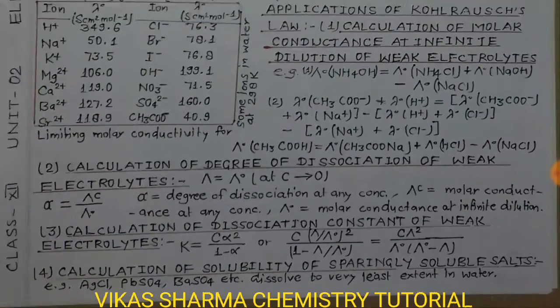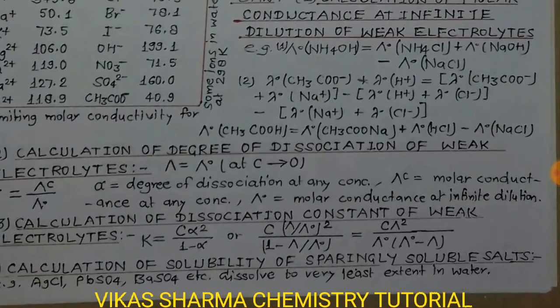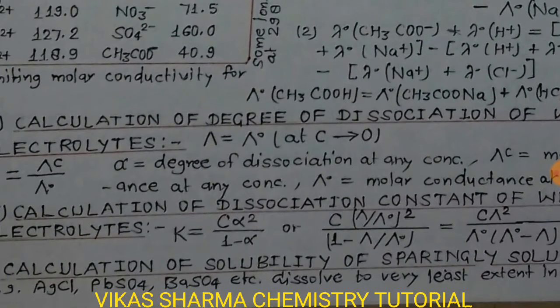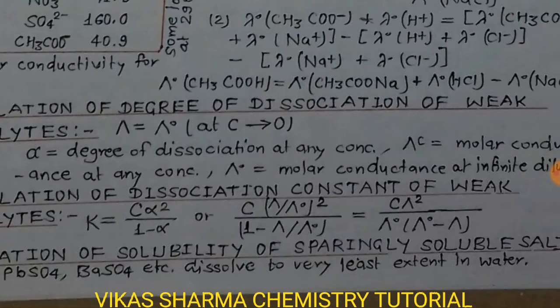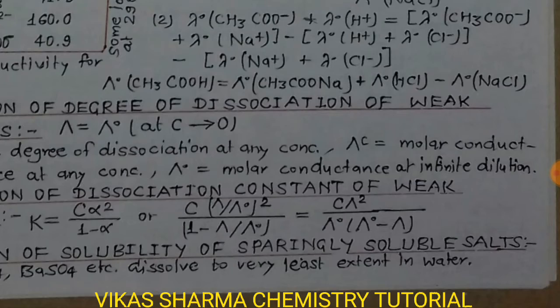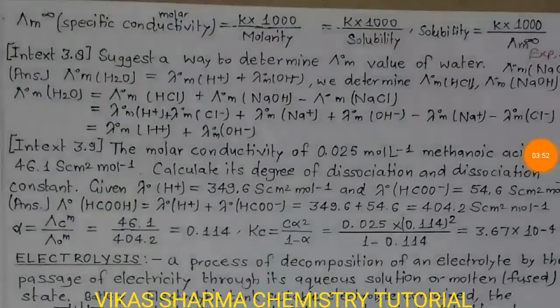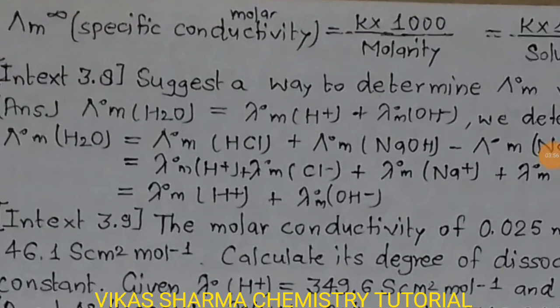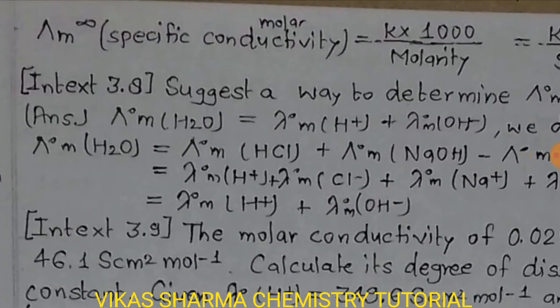Students, the next application is calculation of the solubility of sparingly soluble salts, meaning those salts which dissolve to a very small extent when we dissolve them in water. For example, lead sulfate, barium sulfate, etc. Students, in the case of specific conductivity, the molar conductivity, the sign is lambda m.